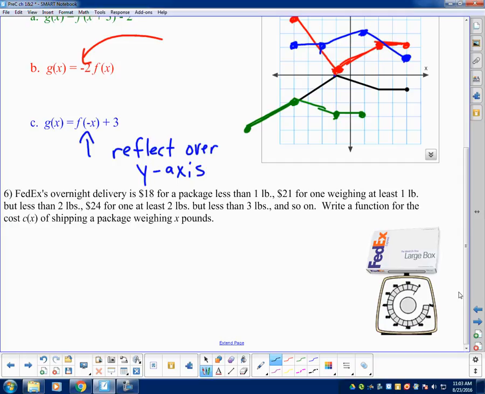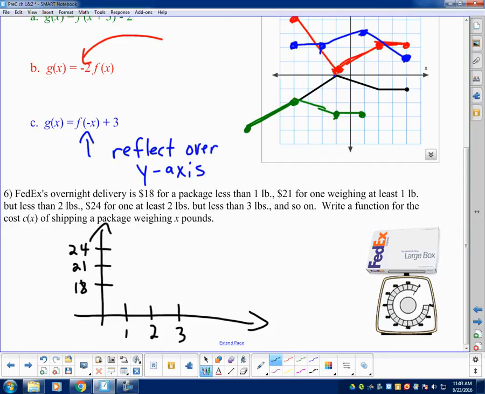This is my attempt to show you what it looks like, or how we might use a greatest integer function to model. So here we have 1, 2, 3, and right here we have $18. And then the next jump up was 21. And the next jump up was 24. So what's happening is if it's less than 1 pound, it can't be 0 pounds, but if it's between 0 and 1 pounds, we'll say it's $18.